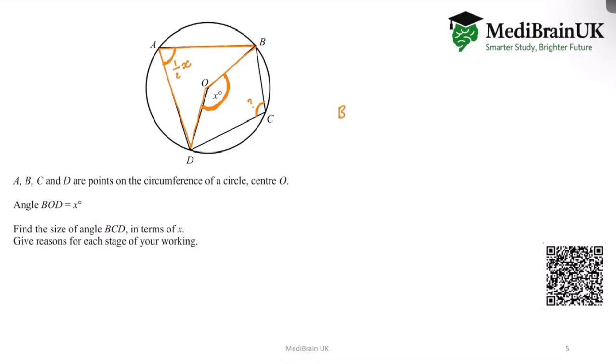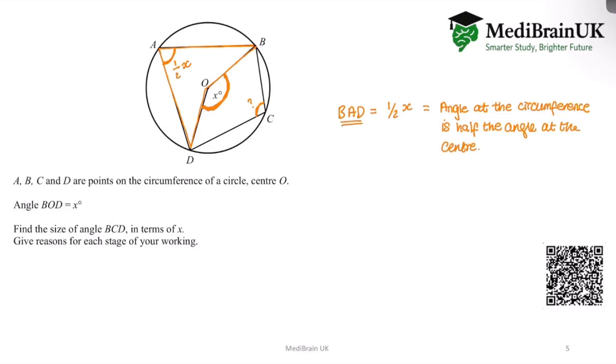We know that angle BAD is equal to a half x. Why is it equal to a half x? It's because the angle at the circumference is half the angle at the center.